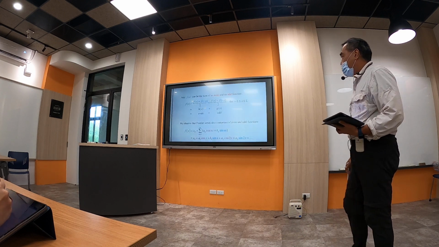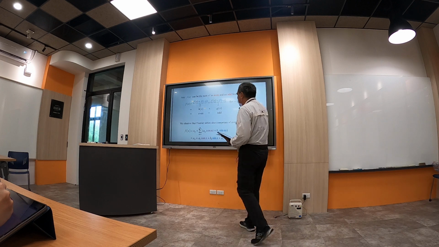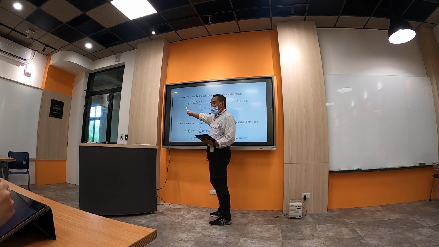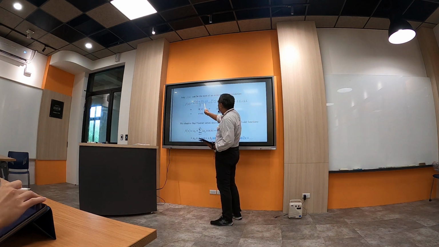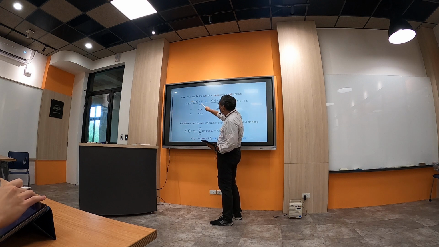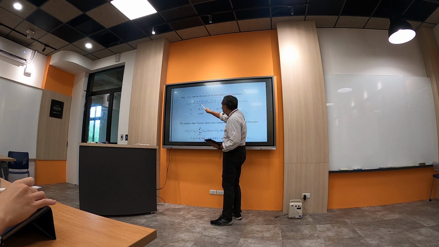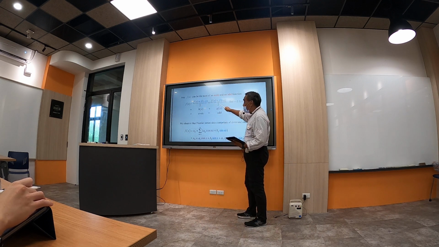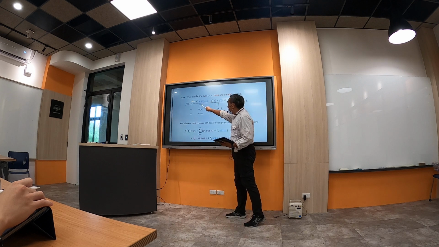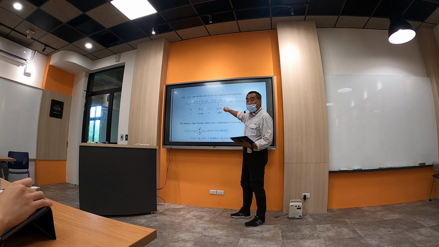And let's look at this part. Say for any function f(x), if we add this term over 2 and subtract this term over 2, these two terms can be cancelled by each other, right? So we are doing nothing.